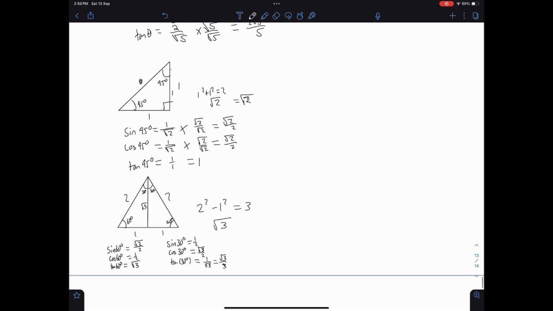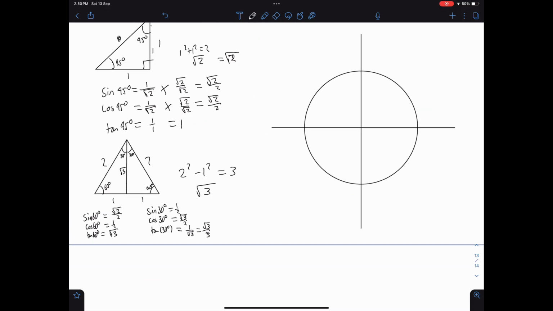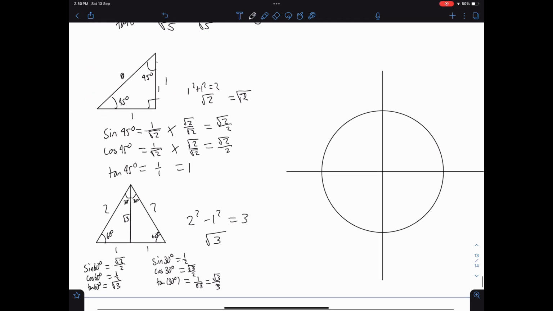And so if we pull up a unit circle, we can mark these in.